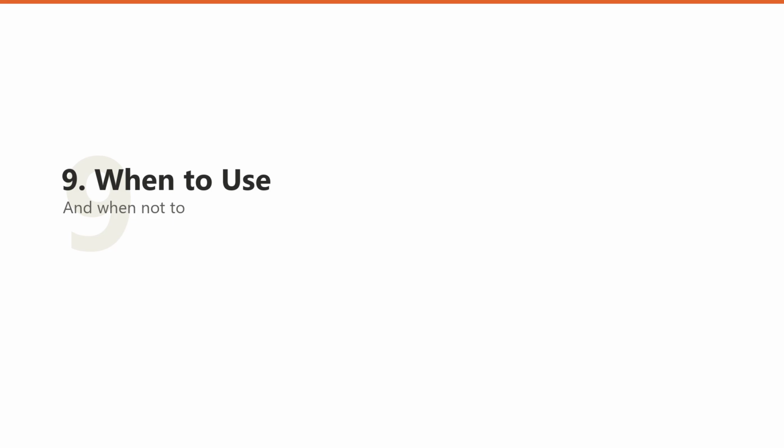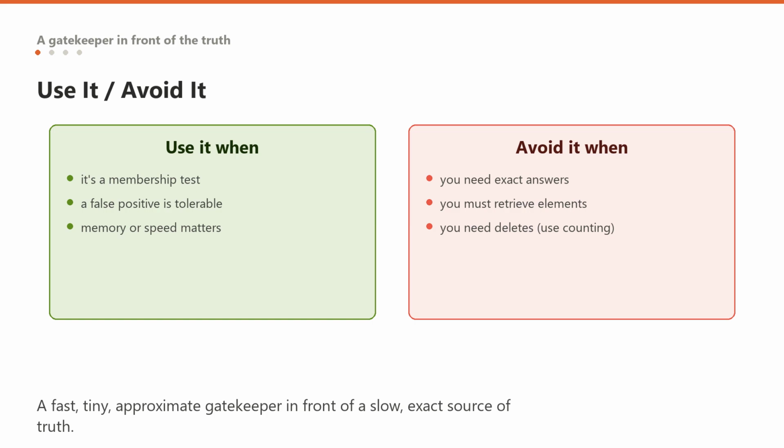Concept 9, when to reach for a Bloom filter, and when not to. Use a Bloom filter when 3 things are true. Membership testing is your question. A false positive is tolerable, because you'll do a real check afterward. And memory or speed matters enough to justify it.